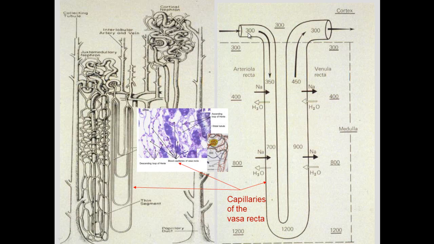Blood enters at the top at 300 milliosmoles, which is normal osmotic pressure, and it also leaves at 300 milliosmoles. But meanwhile, as it was going down, the concentration of salt and urea increased as it went deep into the medulla, and this is known as a countercurrent exchanger.